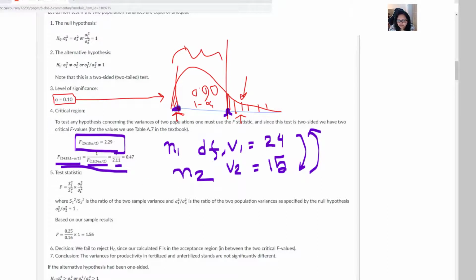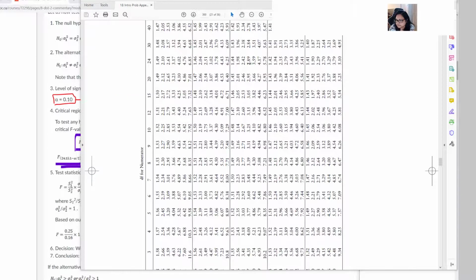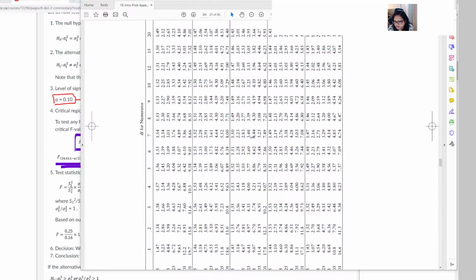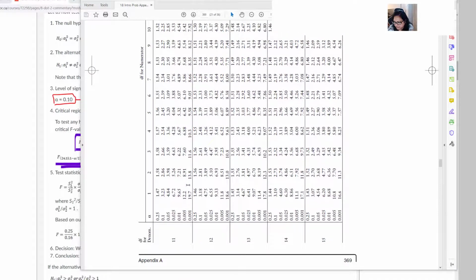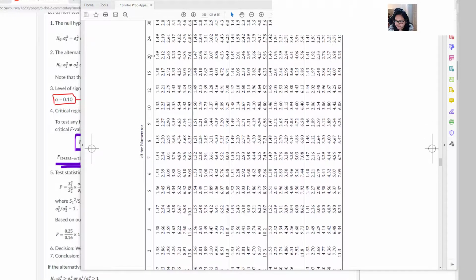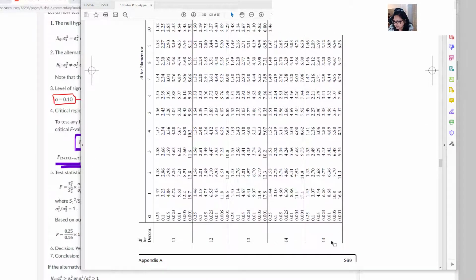I opened the F table. In the table, I use 24 for v1 in the numerator and 15 for v2 in the denominator.